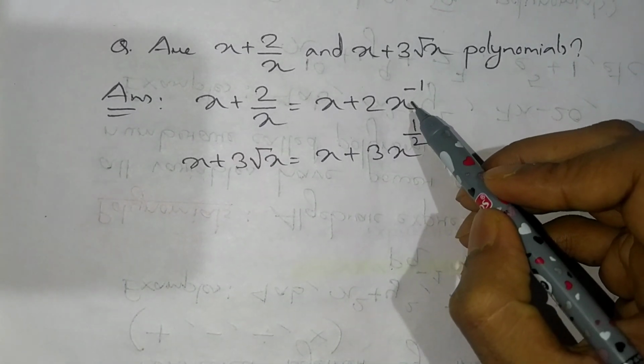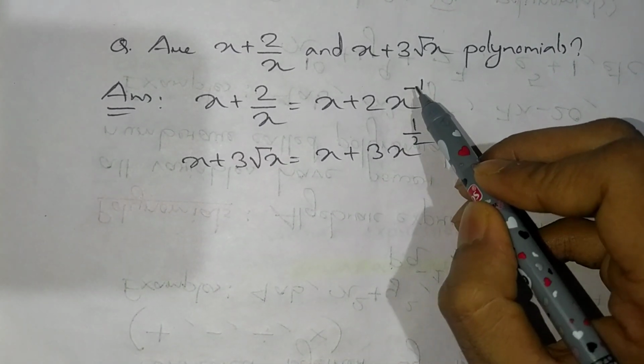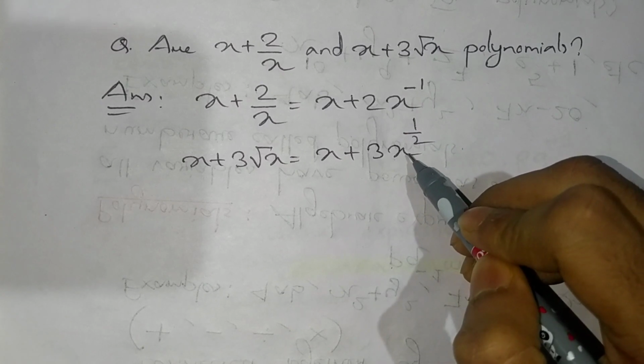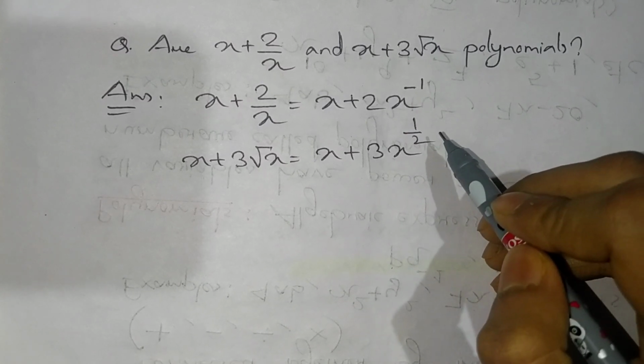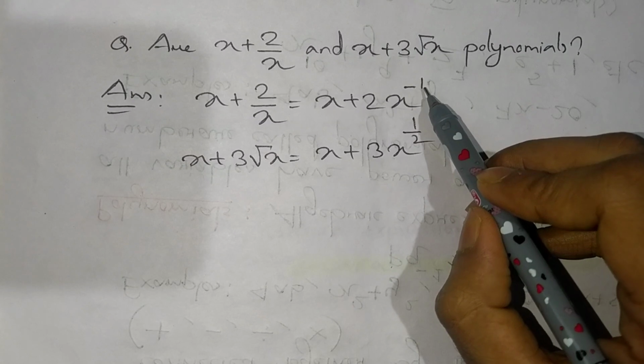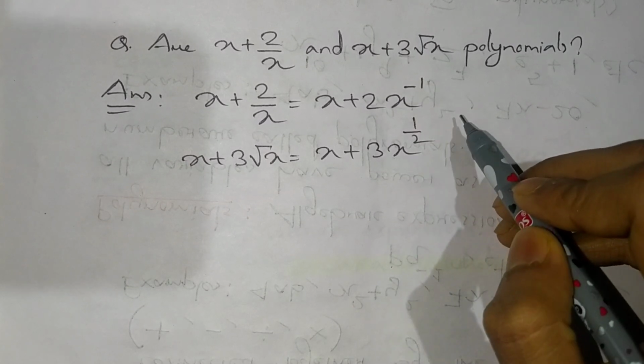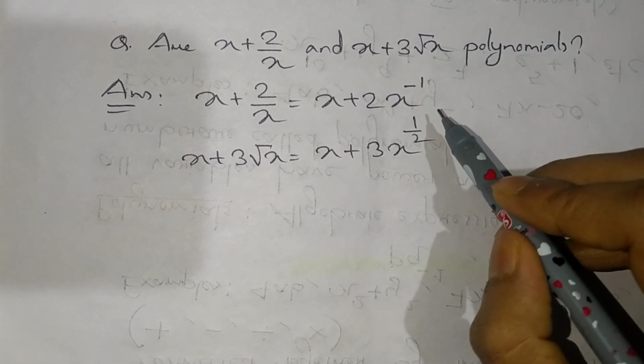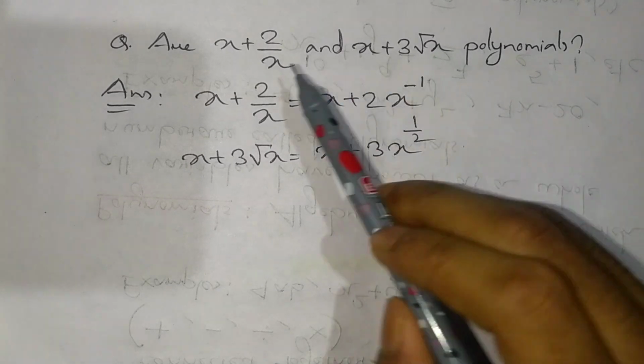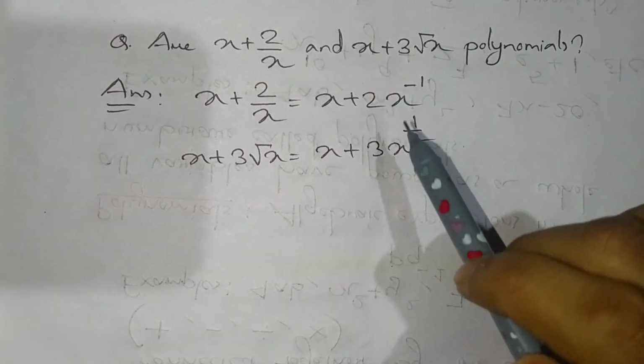So we can see that the power of the variable x is minus 1, and here the power of the variable x is 1 by 2. So minus 1 is a negative integer and 1 by 2 is a fraction. They are not whole numbers, and since they are not whole numbers, the given expressions will not be polynomials.